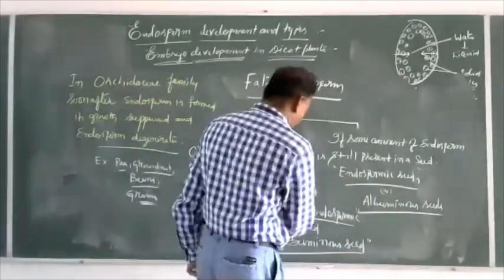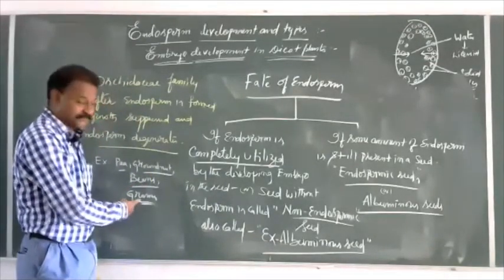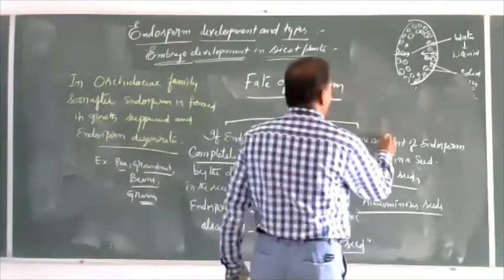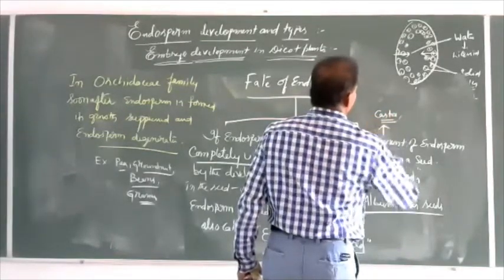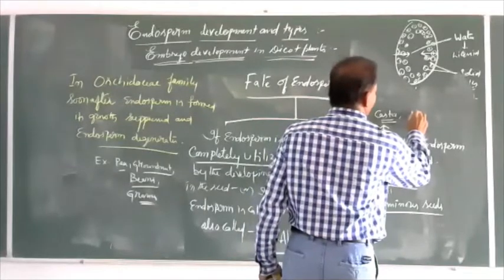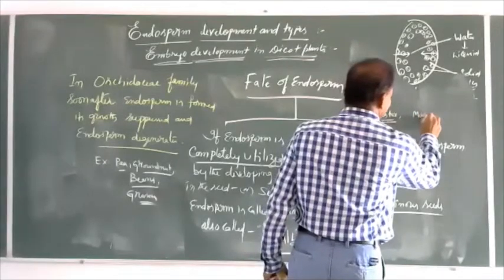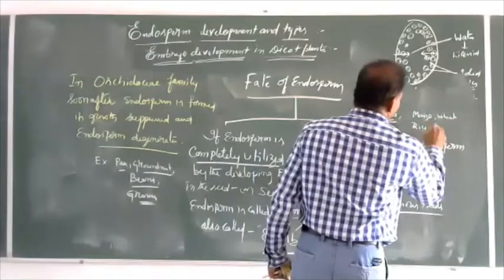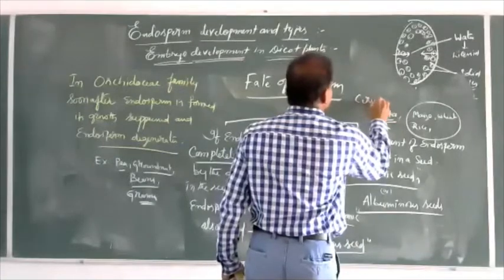Non-endospermic seeds, we have seen the examples: pea, groundnut, beans and grams. Endospermic seeds, we have seen in the examples of castor and most of the cereal grains like maize, wheat, rice.